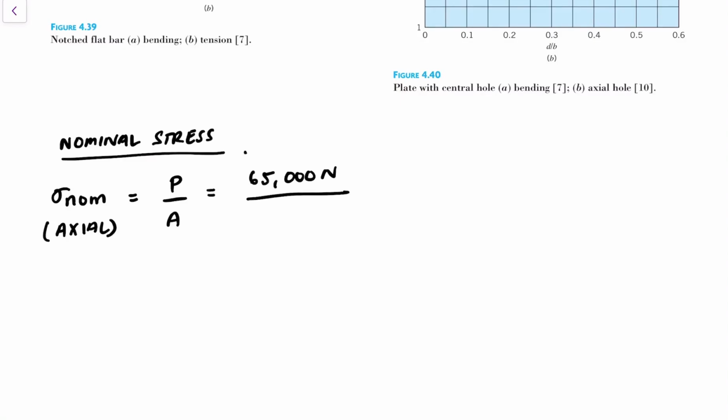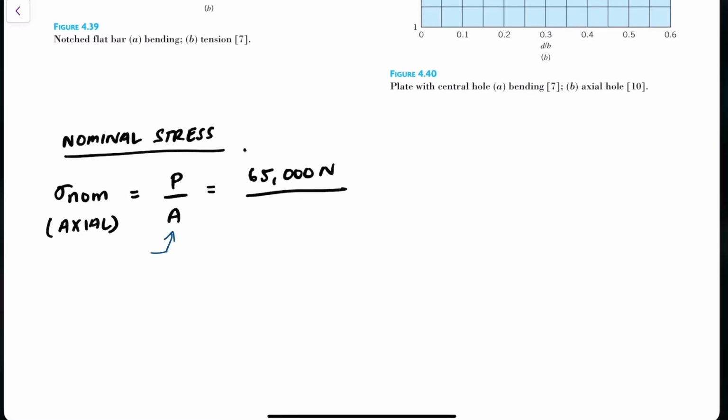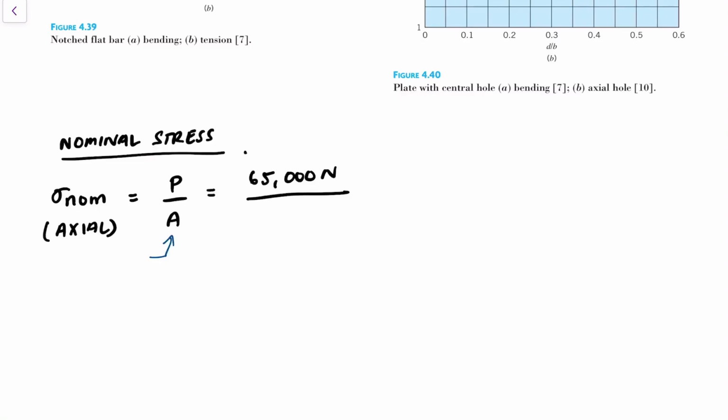And the area, it's very important to mention, is the area of material at the discontinuity. In other words, where your additional feature, like in our case the notch or the hole, is added.